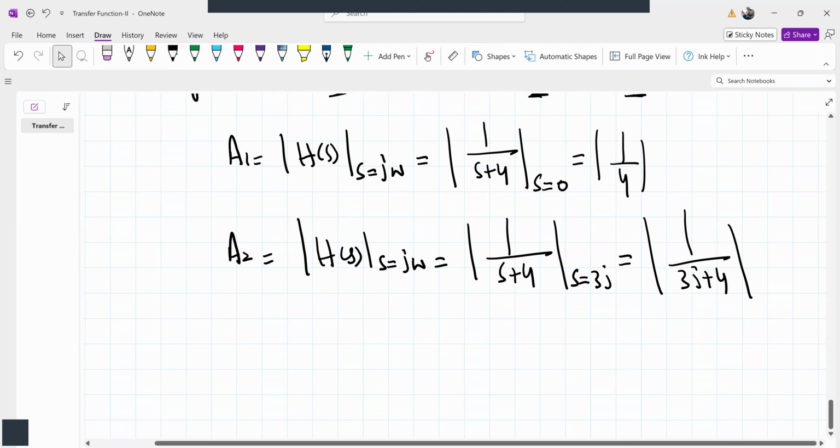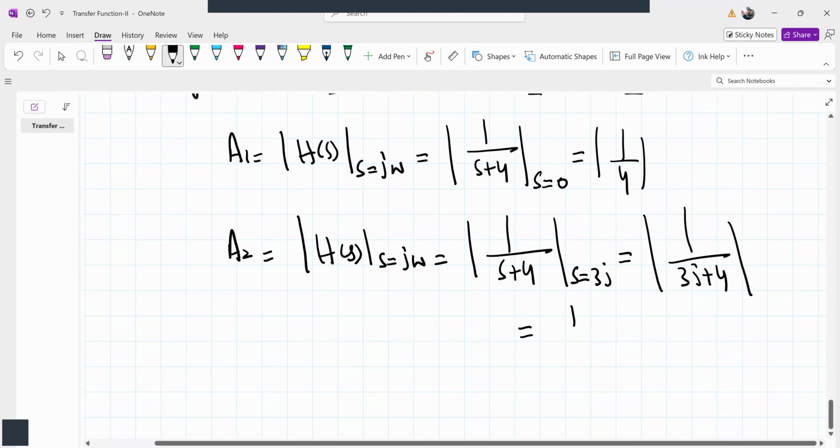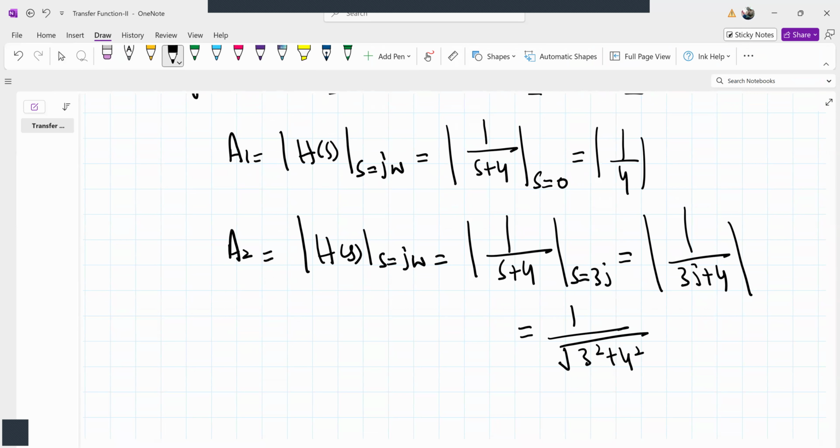What is the magnitude of this quantity? Magnitude of numerator is 1. Magnitude of denominator is the square root of 3 square plus 4 square, that is the square root of 25, which is 5. So 1 by 5.